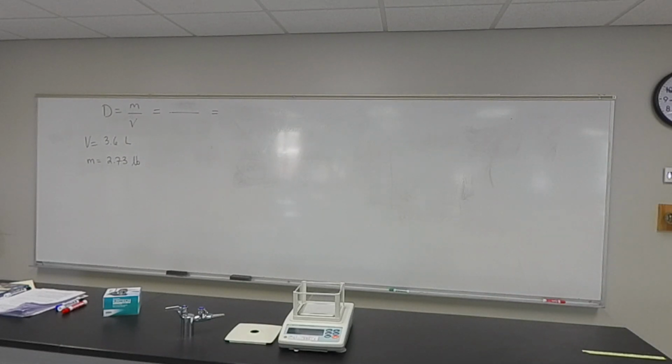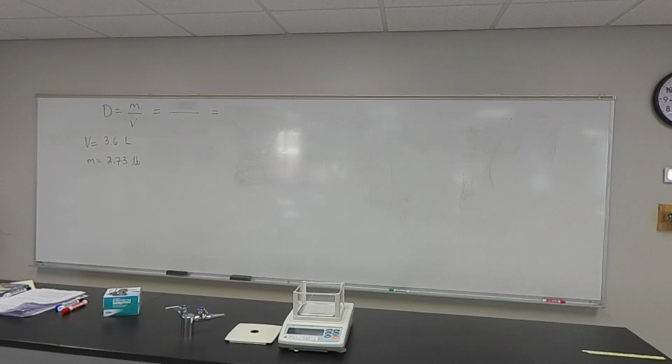So let's be careful. They want the density in grams per milliliter, which is what I told you is the normal way of getting density in chemistry. But the information given to us is in pounds and liters.